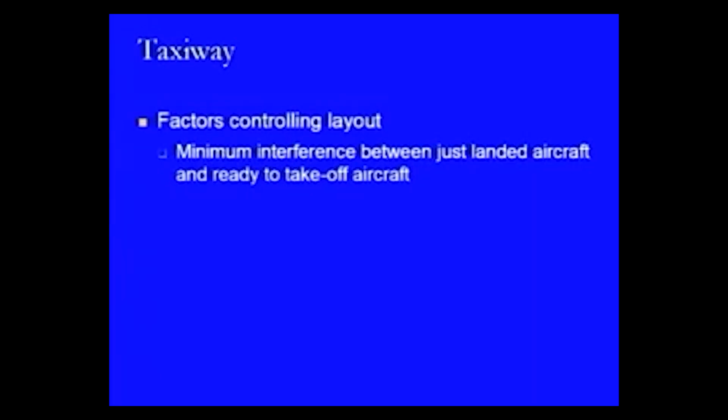So, it means there are two simultaneous operations going on. There is one aircraft which is landing, at the same time there is another aircraft which is ready to take off. So, connectivity is to be provided in such a sense that there is minimum interference between these two types of operations and they cross each other with minimum hindrance.